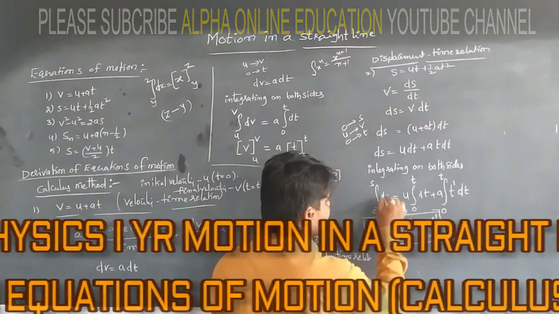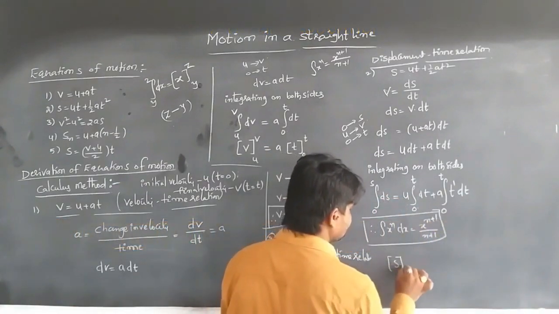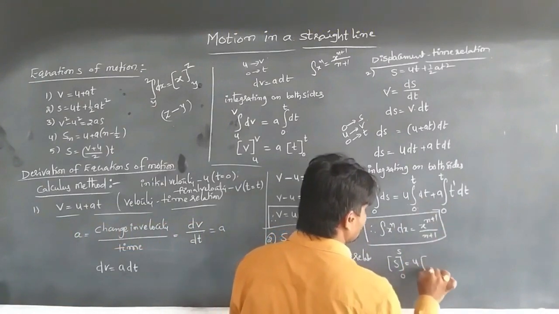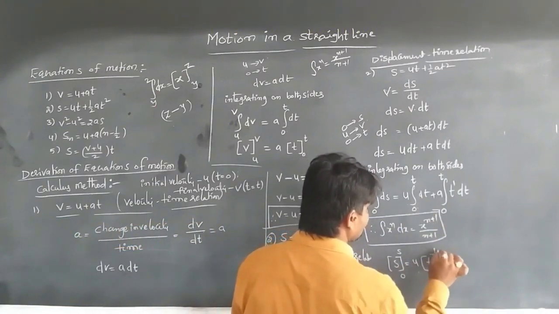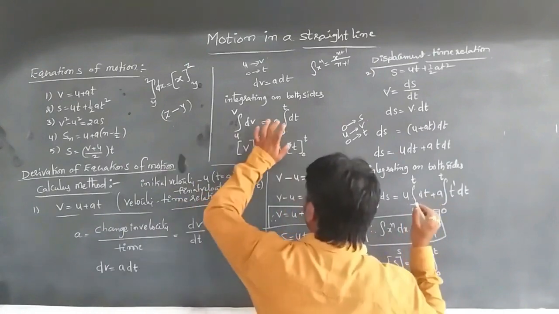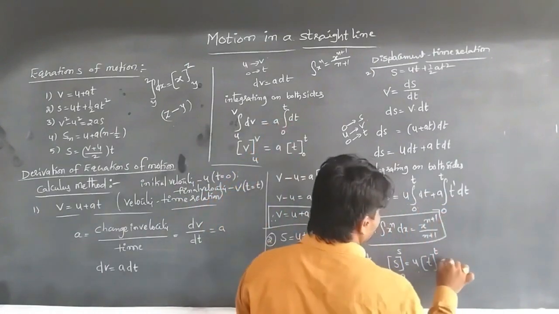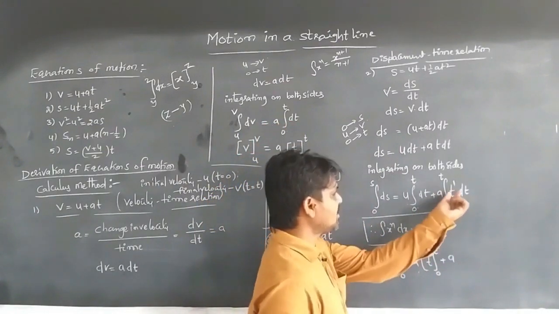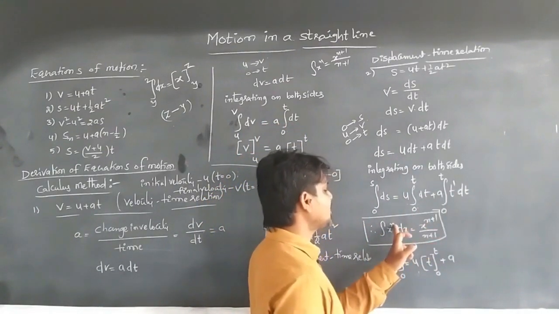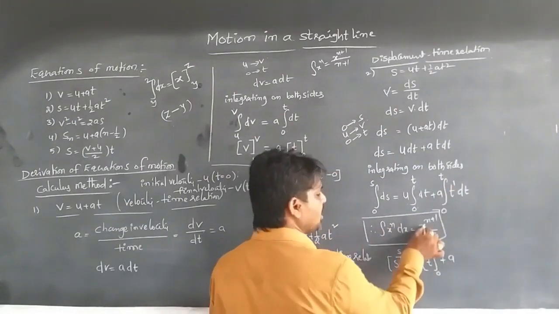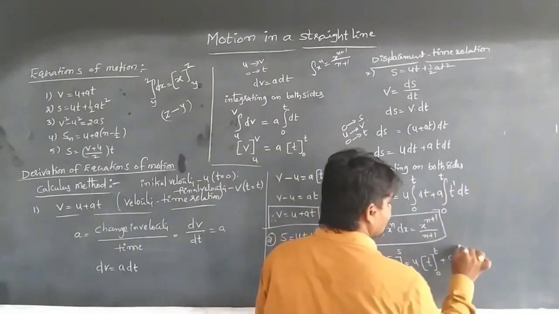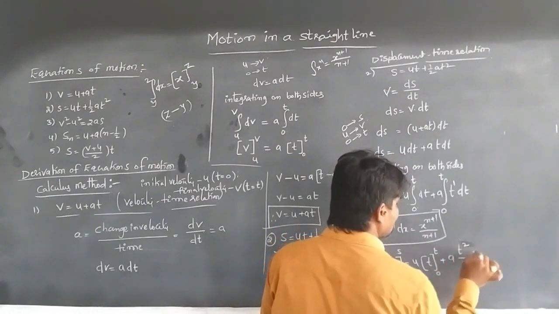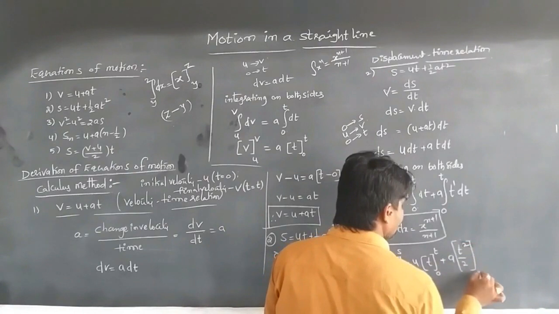So here we are substituting this. s between the limits 0 to s is equal to u into t between the limits 0 to t, plus a into t power 1 plus 1, that is t square by 2, from 0 to t.